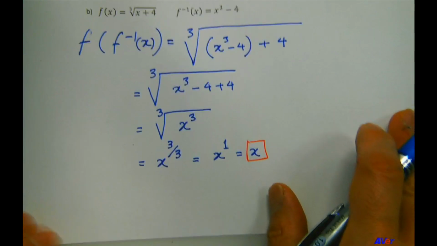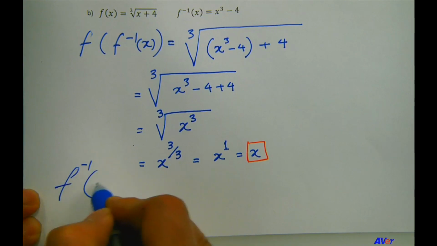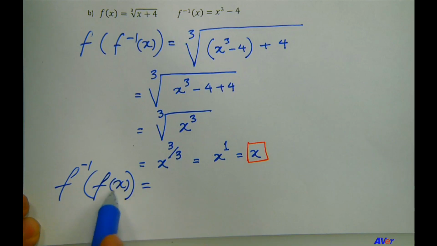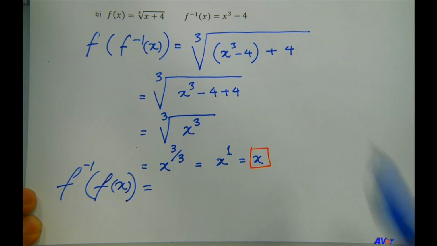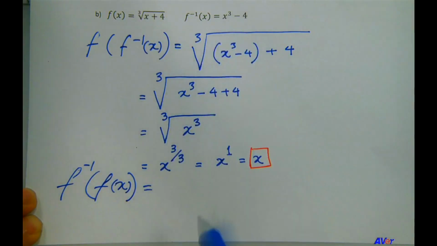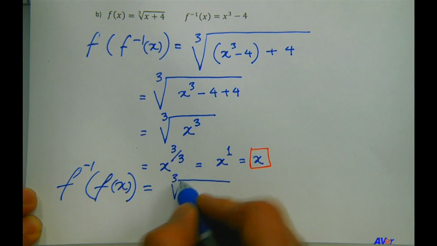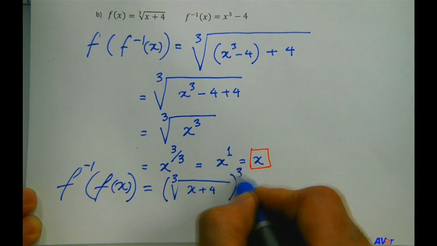So this time we will take the composition of f inverse of x and f of x. Now this time f goes inside f inverse. So all of this goes inside here. So let's do that. We have third root of x plus 4, put in parentheses, cubed.